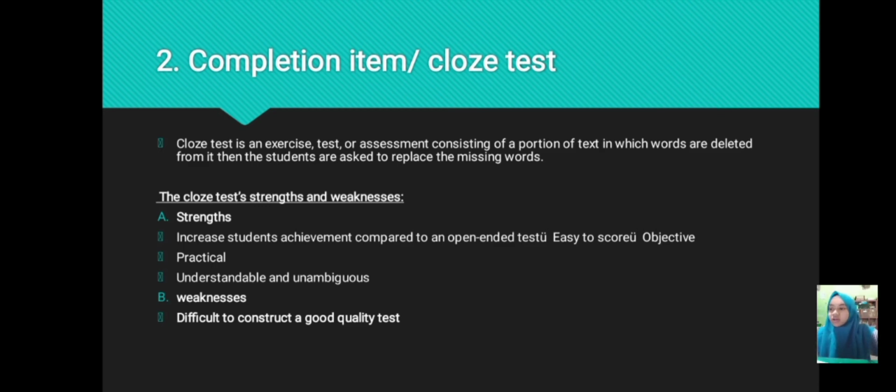Number one, increases student achievement compared to an open-ended test. The next, easy to score. The next, objective. The next, practical. And the last, less understandable and ambiguous. B. Weakness. Difficult to construct a good quality test.